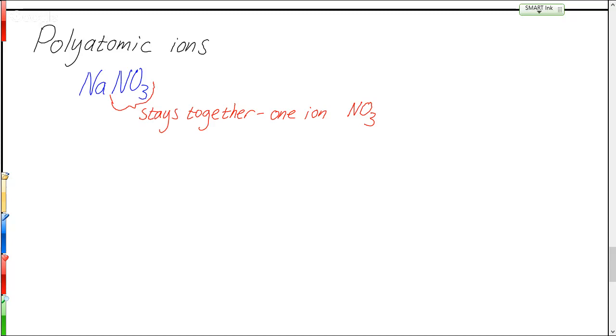So what does the charge on NO3 have to be to balance with Na? Yeah, -1, because we know Na is going to be +1. So this whole ion is an NO3 ion, and it's called nitrate. So it has a different name.